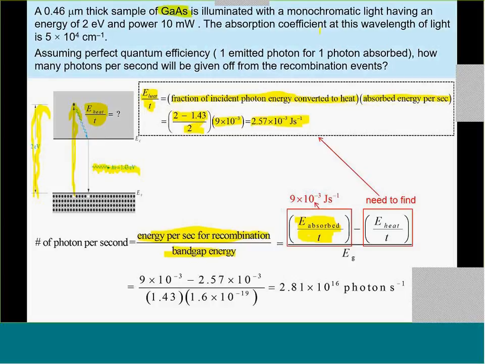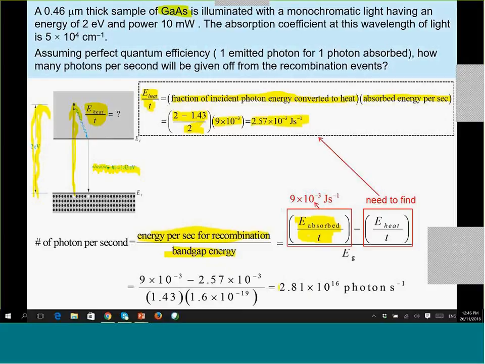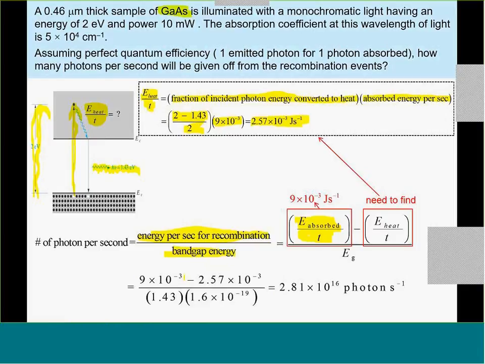So we have now that we absorb 9 milliwatt, and then the amount of energy that has been lost per second.